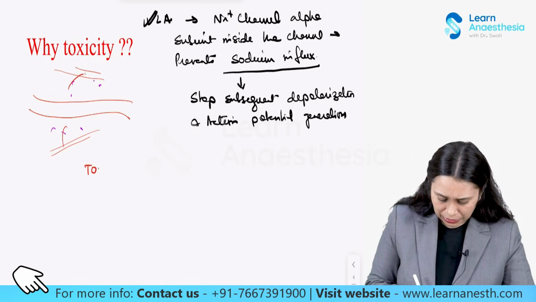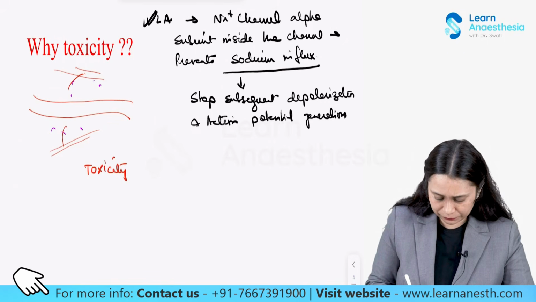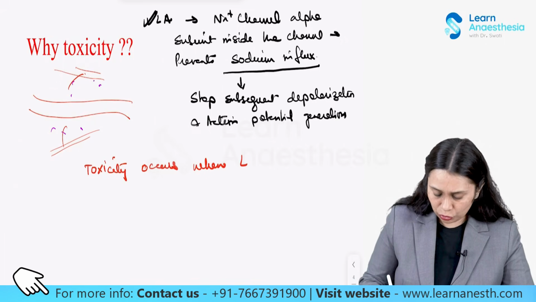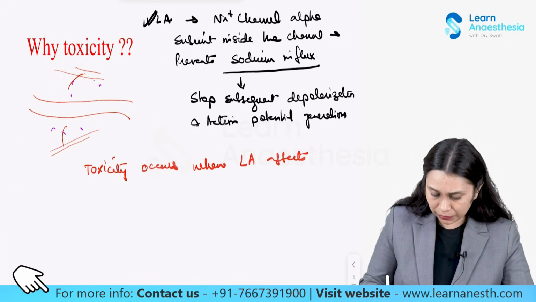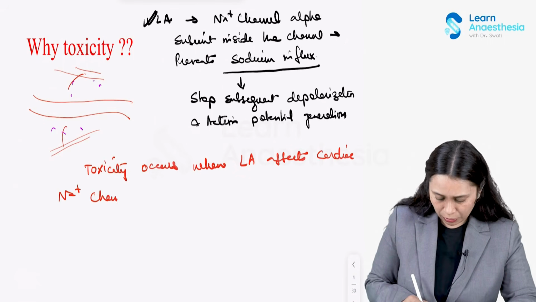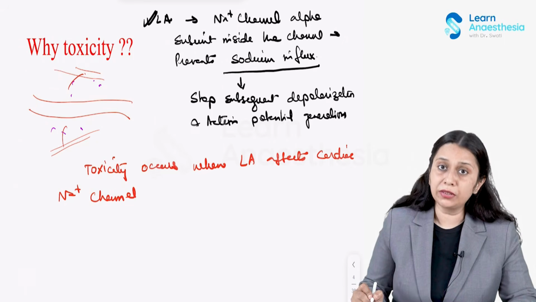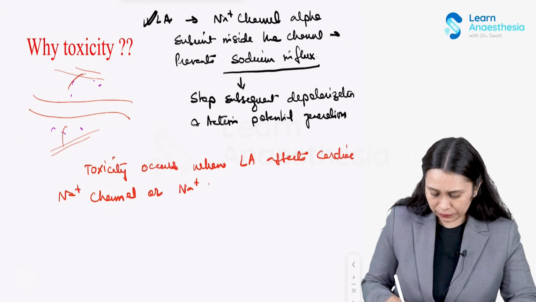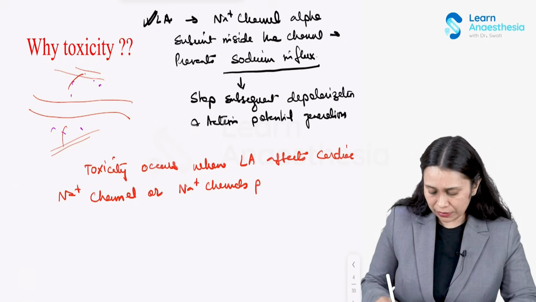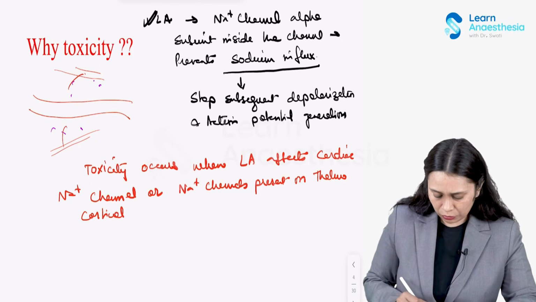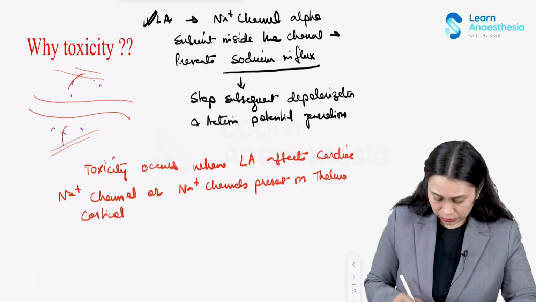Now toxicity occurs if it gets systemically absorbed, and when the local anesthetic affects the cardiac sodium channel, or the sodium channels present on thalamocortical neurons, right?